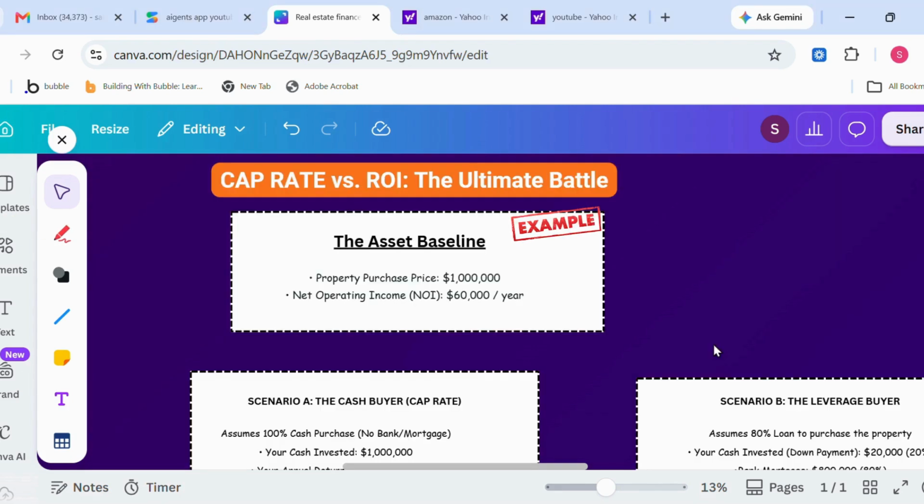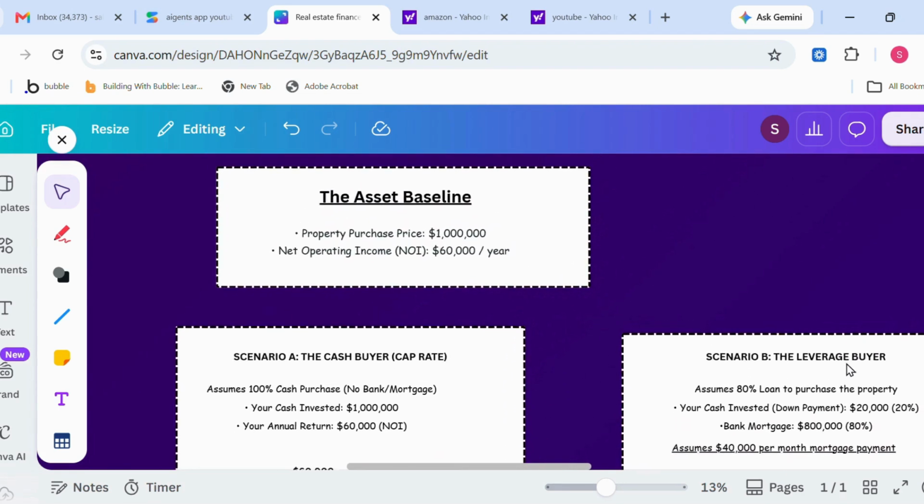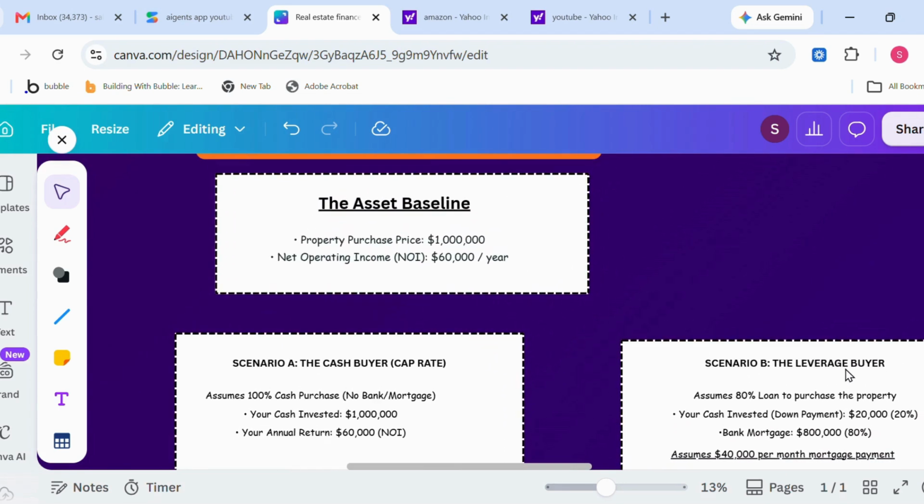Let's run a real world example. We have $1 million to invest. So we bought a property for $1 million, and the net operating income from the property is $60,000 a year.